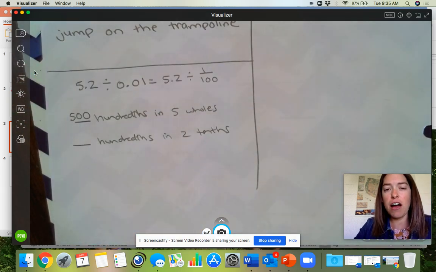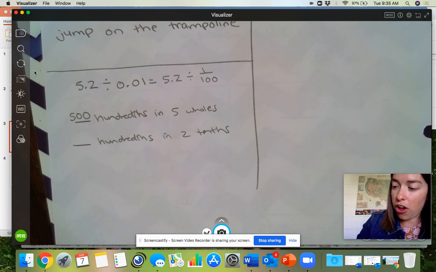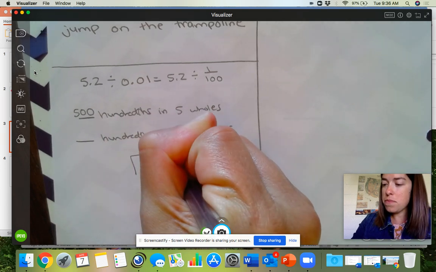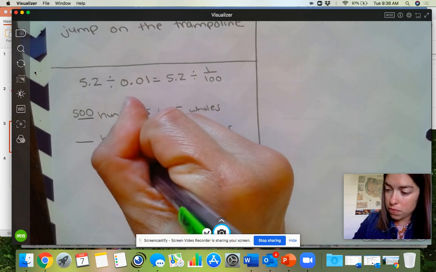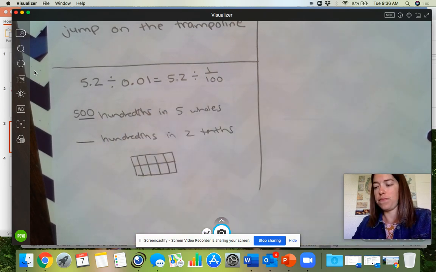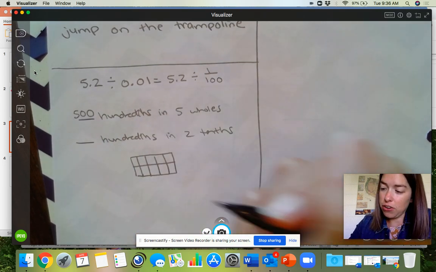But how many hundredths in 2/10? Don't get tricked. There's not 2 hundredths in 2/10. There's 2/10 in 2/10. But if I were going to draw it out, here's my tenth, so here's 2/10.